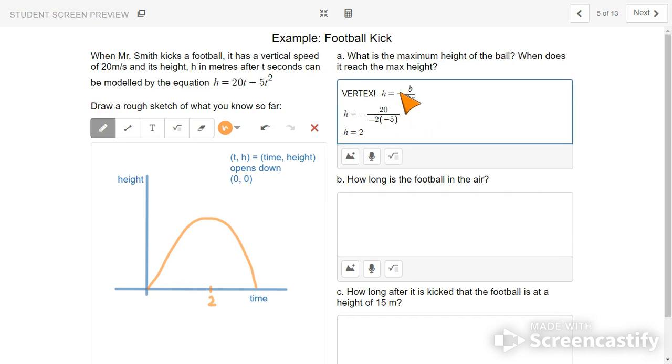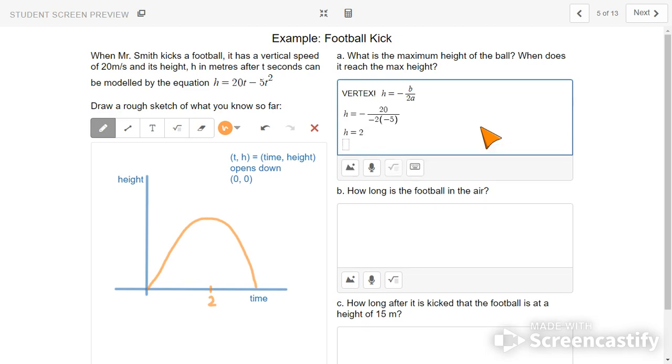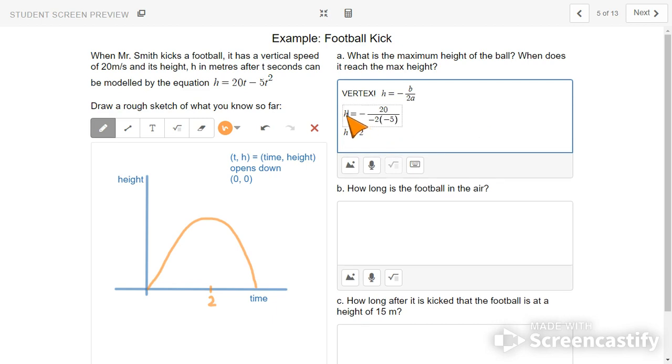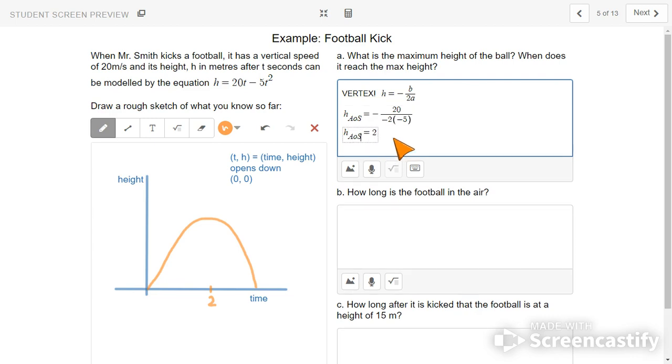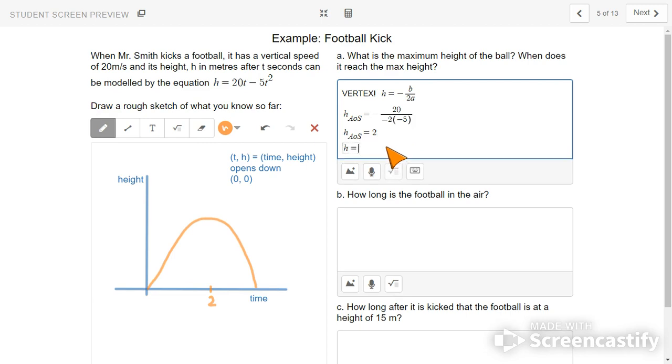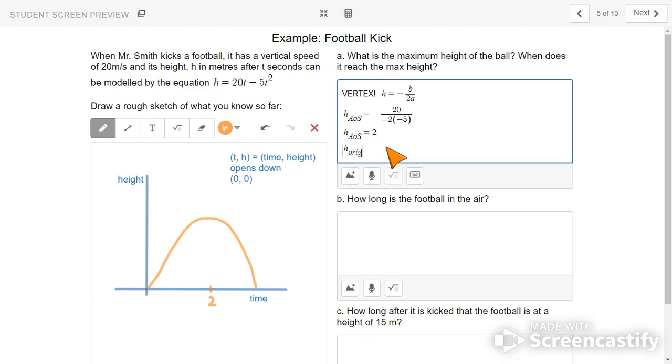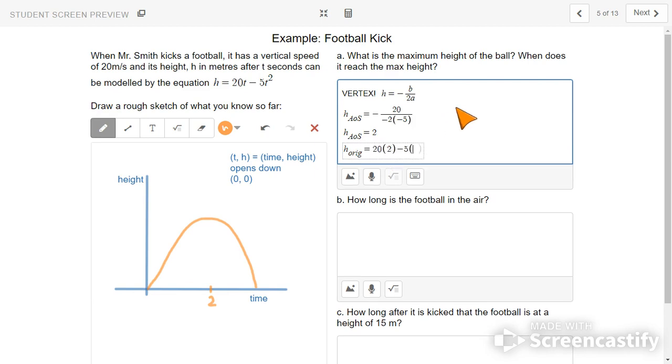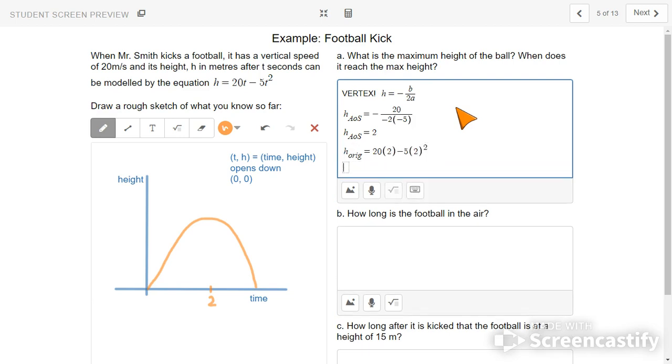Now, for us to find the k, or the y coordinate, we're going to substitute this back into the h equation, or the original. So let me distinguish that this h we're talking about is the axis of symmetry h. The h equation that I'm going to substitute it into is the original. So 20 times 2 minus 5 times 2 squared.